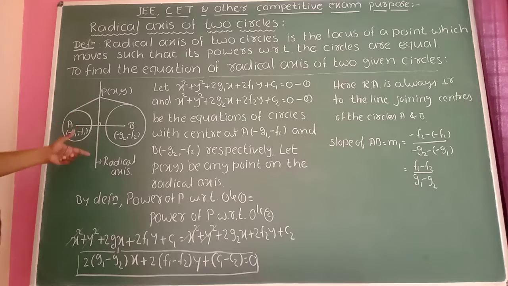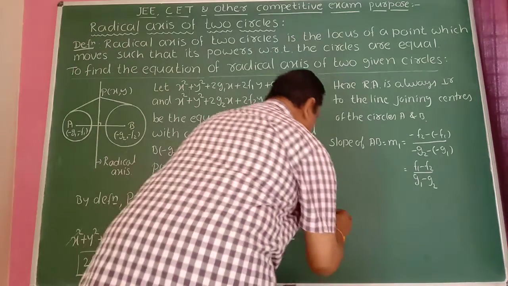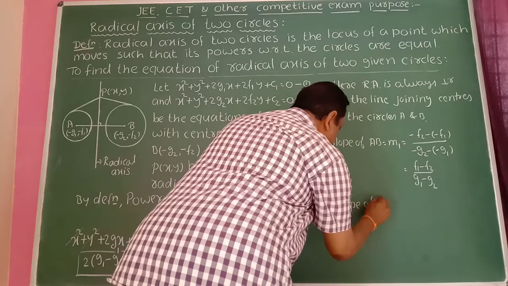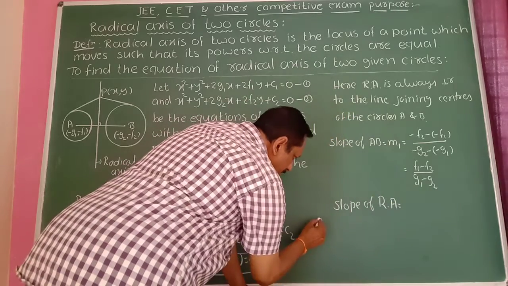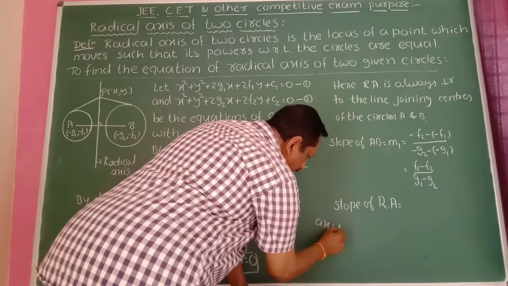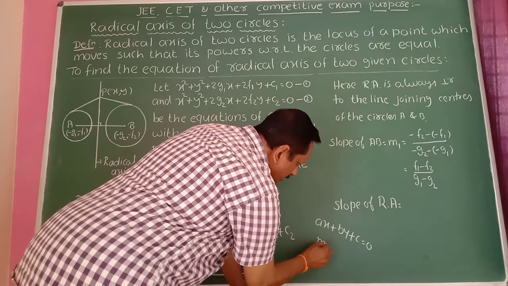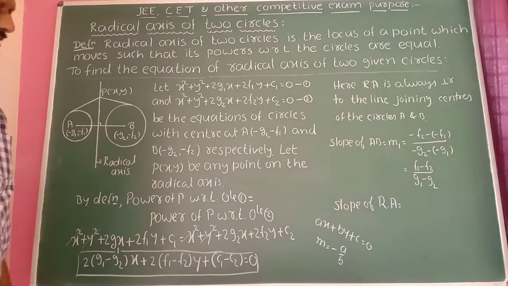Then we find the slope of the radical axis. Suppose the equation is like this: ax + by + c = 0. Then the slope is, obviously, -a/b. Use that formula.